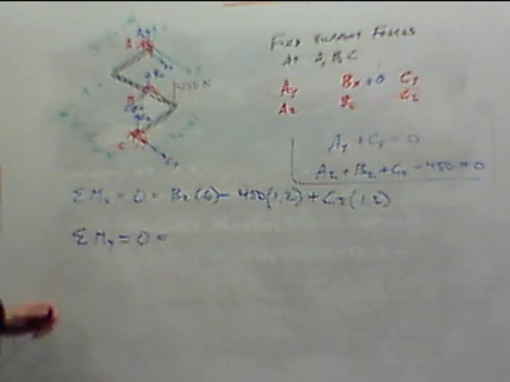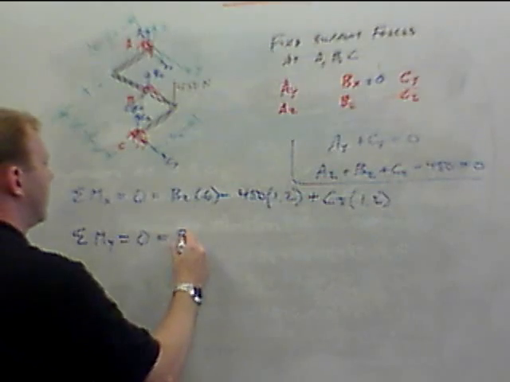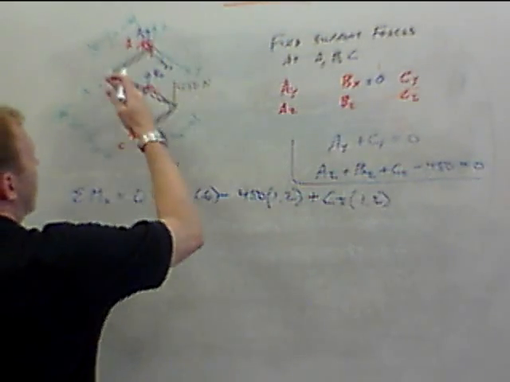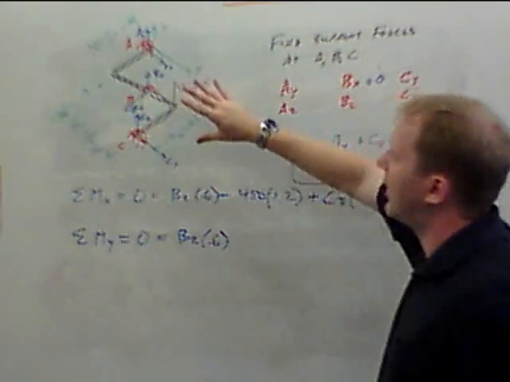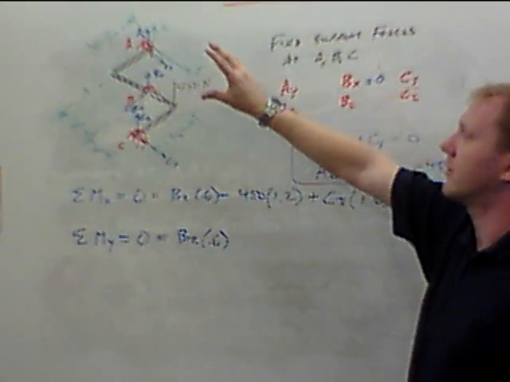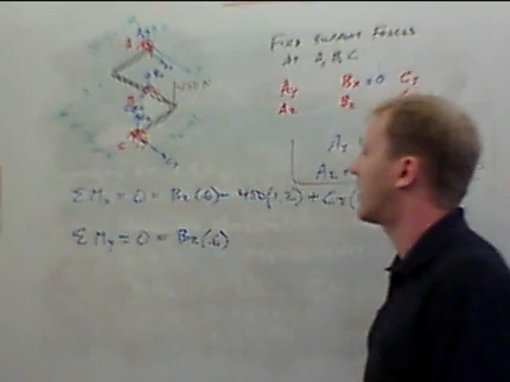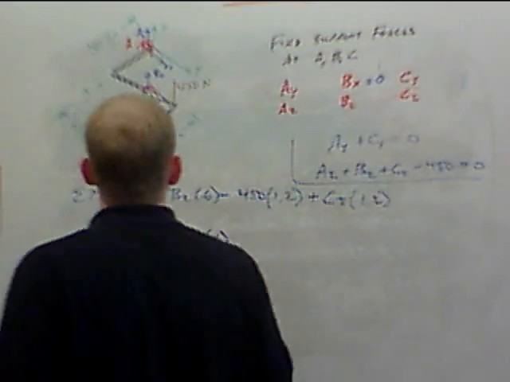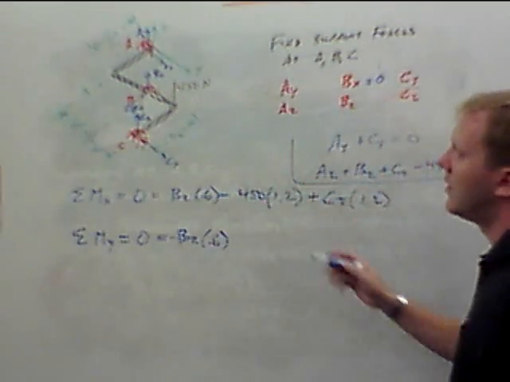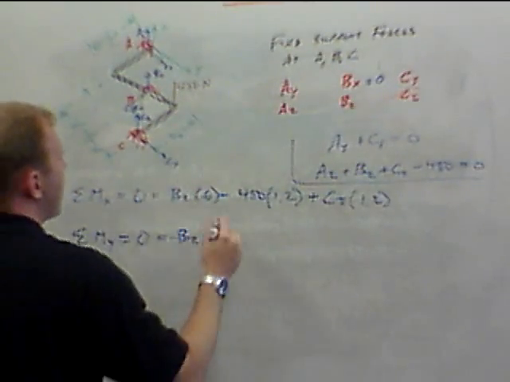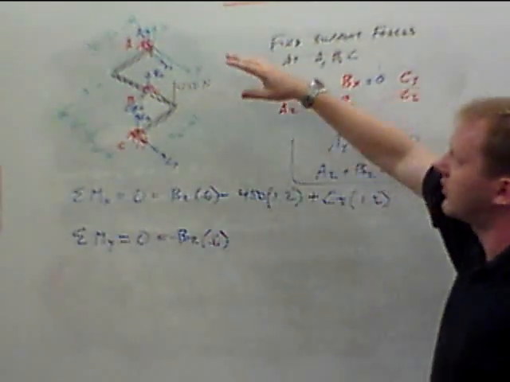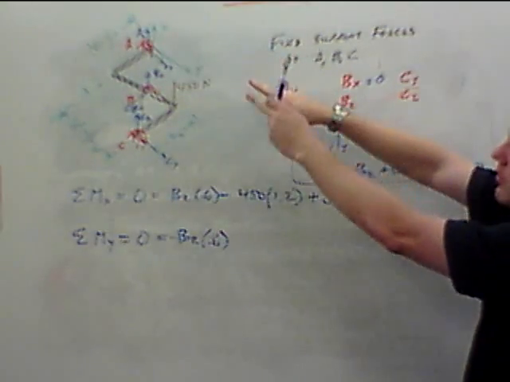So, moment about y, here we have Bz times distance from the y-axis, which is 0.6. Looking at it from the positive y-axis, this is causing rotation in a clockwise direction. So that's negative. Minus 450. Sorry, the 450 downward. If you look from positive y, it's going to cause rotation this way.